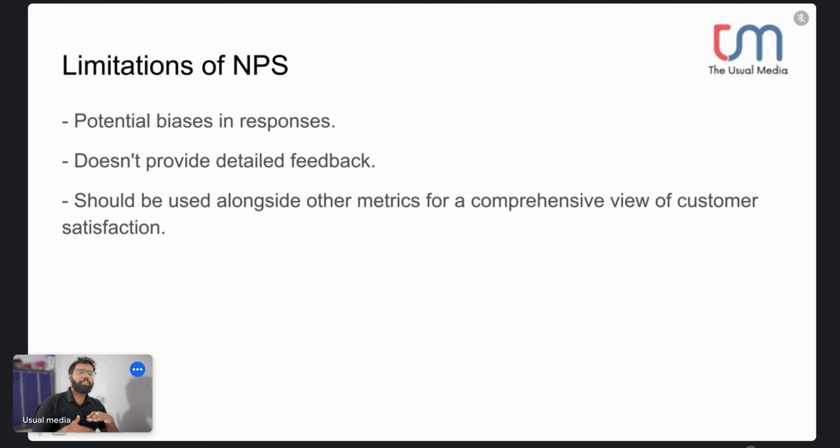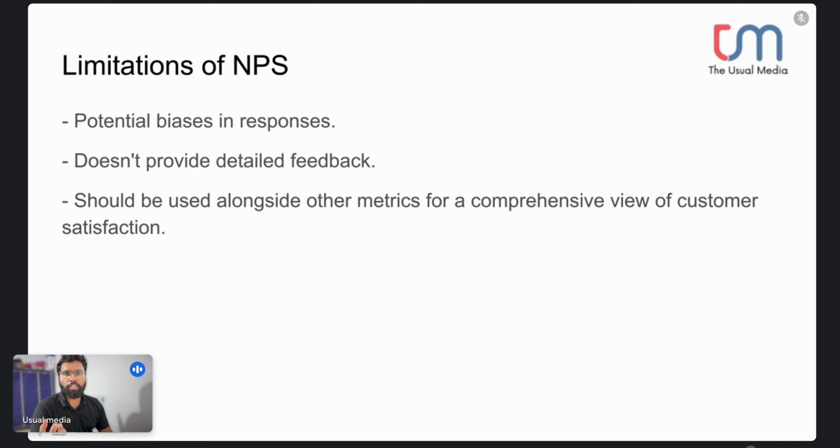Now, there are some limitations, definitely, because when sending feedback, sometimes the customer is in quite a hurry, right? So while filling up the feedback, it can be at extreme ends. The customer might not think.